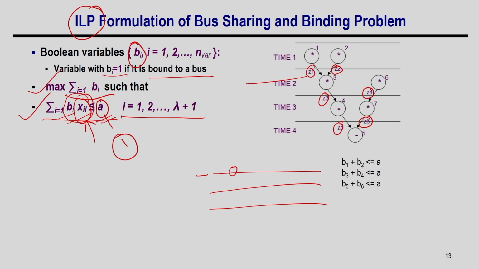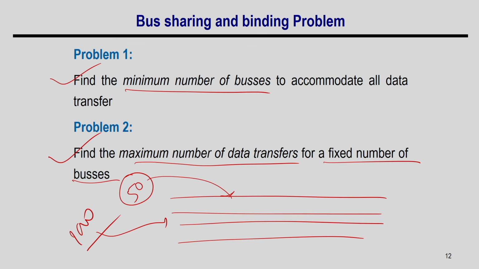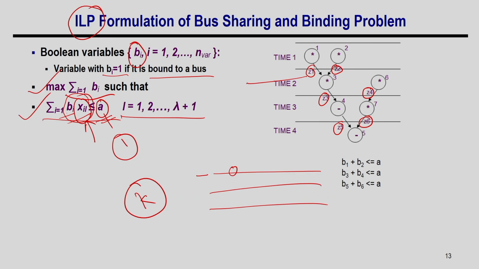You identify bus 1 and the variables that can be mapped to it, and then you remove those transfers. Then you solve the problem again for bus 2, identifying the maximum number of variable transfers that can be mapped to bus 2, and so on. If you keep doing this, you will identify k, which is the minimum number of buses needed. That is how you can identify the solution to problem 1, and for problem 2, let us look at the example.